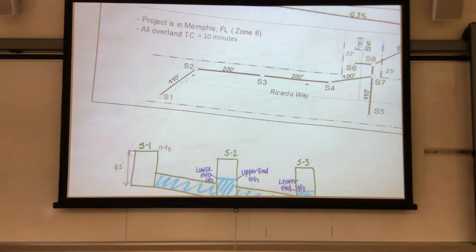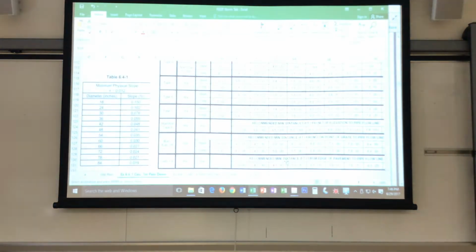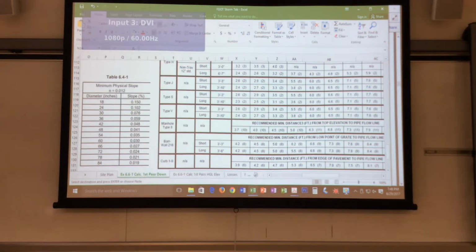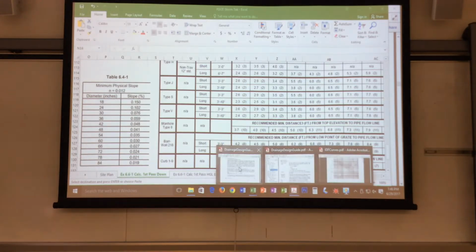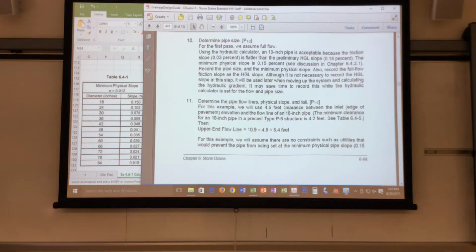That is the base, that's as shallow as it will go. But if you read the instructions, it says that they're going to use 4.5 as the minimum clearance. Excuse me.